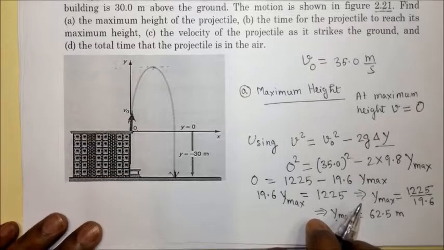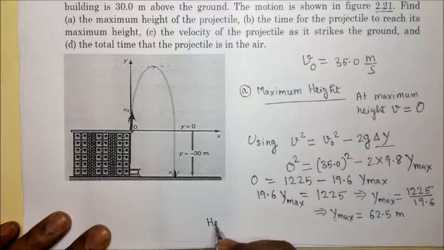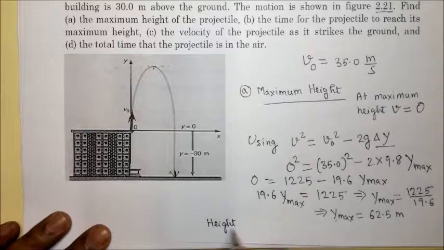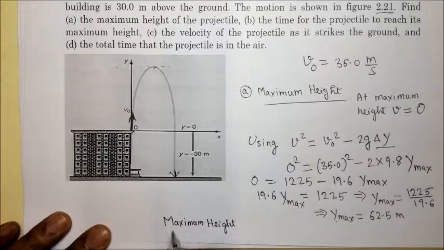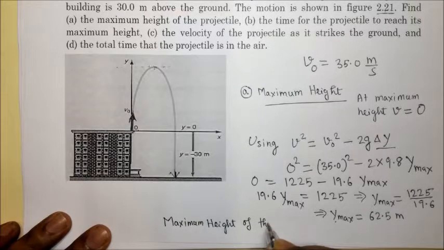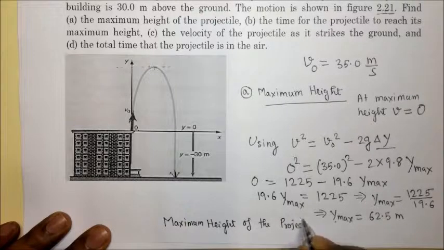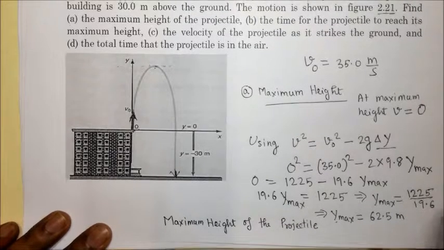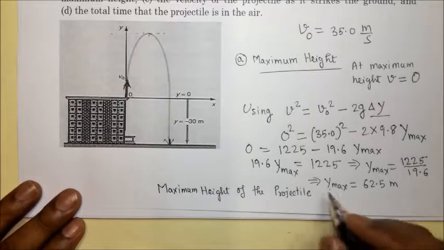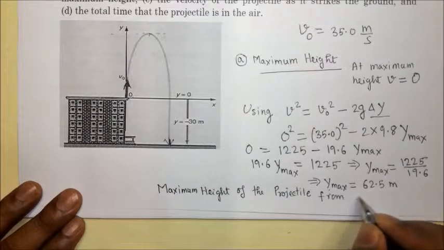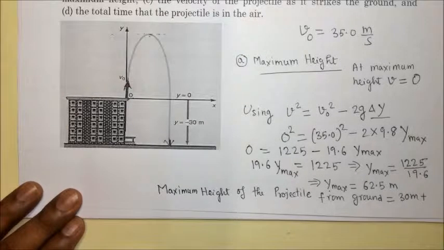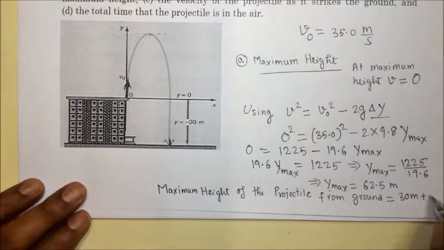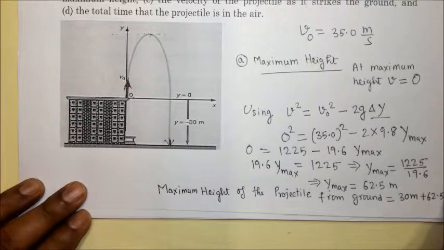So the maximum height of the projectile from ground will be equal to 30 meter plus what? 62.5 meter.